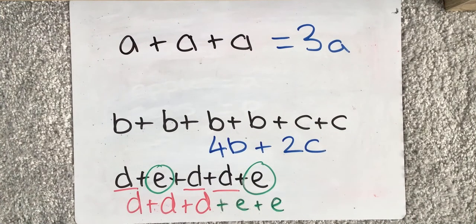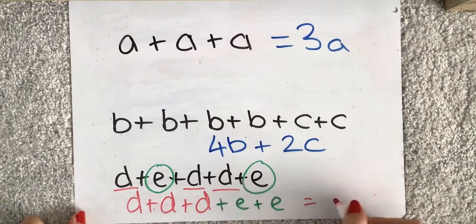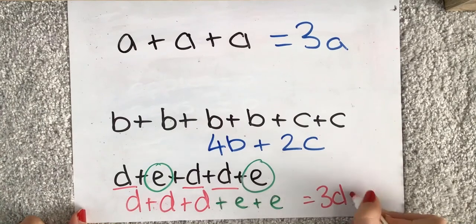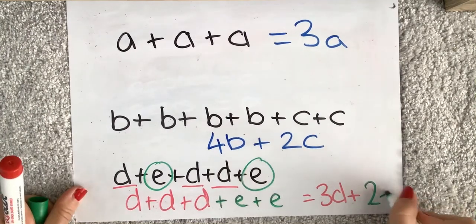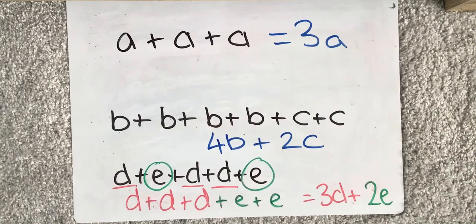So I've gone into the shop, I've bought 3 donuts and 2 eggs. Okay, so again, I can just write that as 3D plus 2E. Okay, and that's what I've actually got.